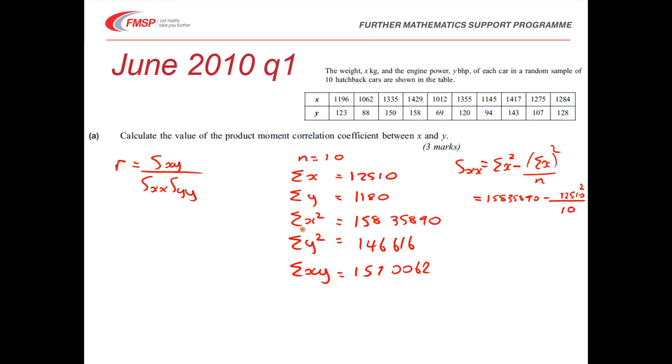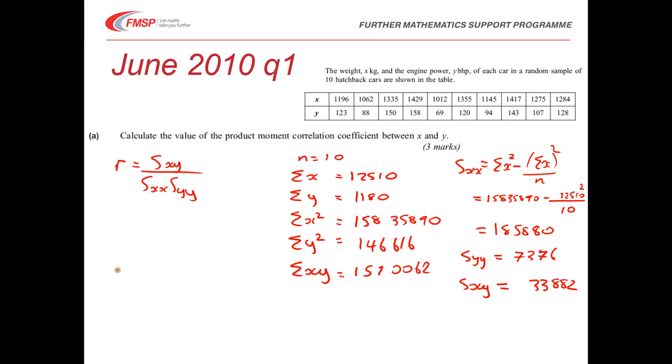Once you've got your 3 values for Sxx, Syy, and Sxy, this one turns out to be 185880, you can work out Syy, so Syy is 7376, and you can work out your Sxy in the same way using the formulas before, which gives me 33882.